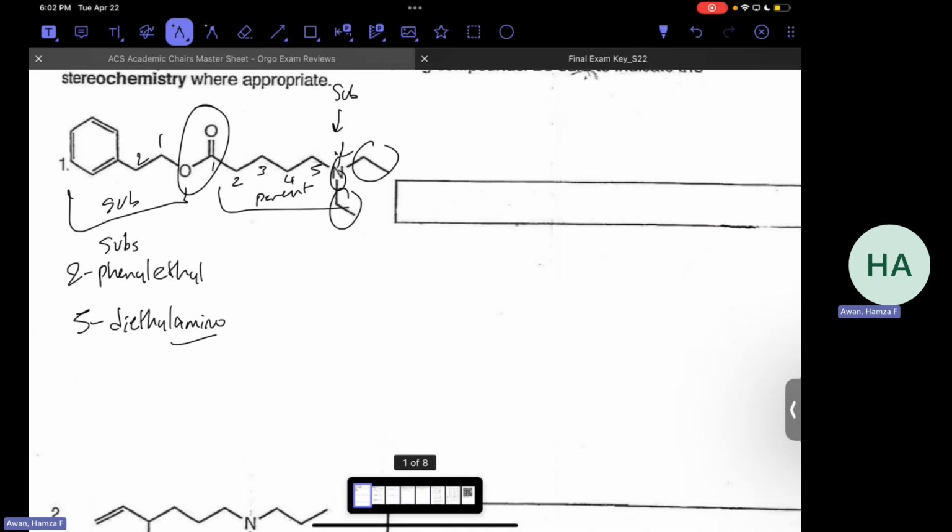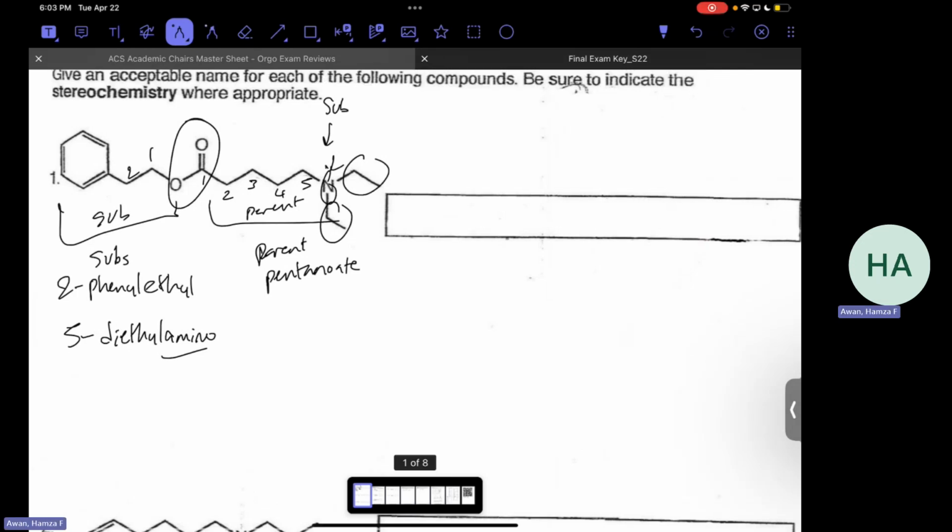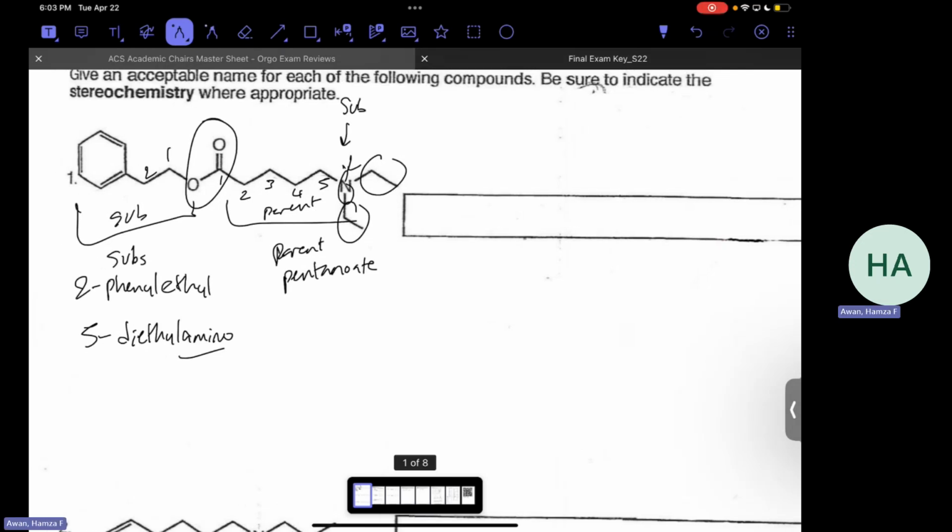And then our parent chain will be pentane, just 5 carbons. But because we have the ester, and our ester is going to be our parent chain, it's going to become pentanoate. So now if we were to put it all together, we don't have any stereochemistry that we have to worry about, so we can just do the entire thing.